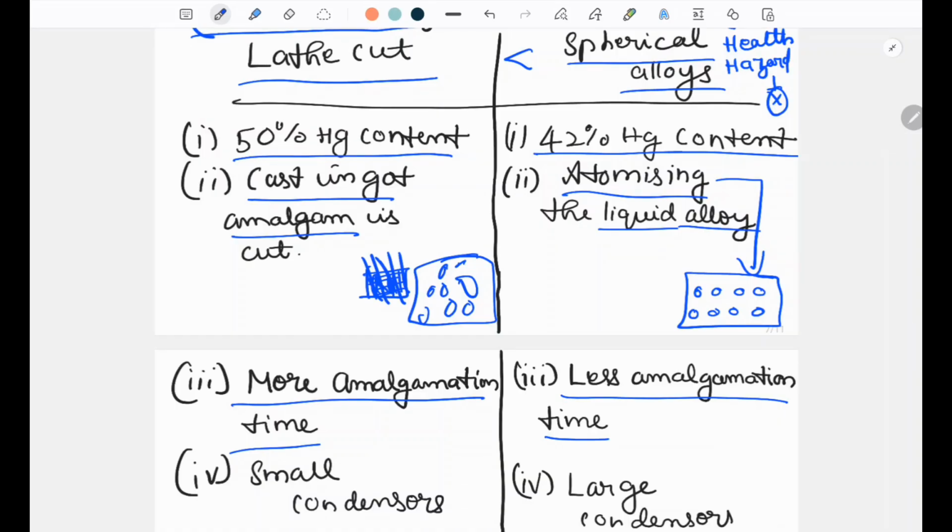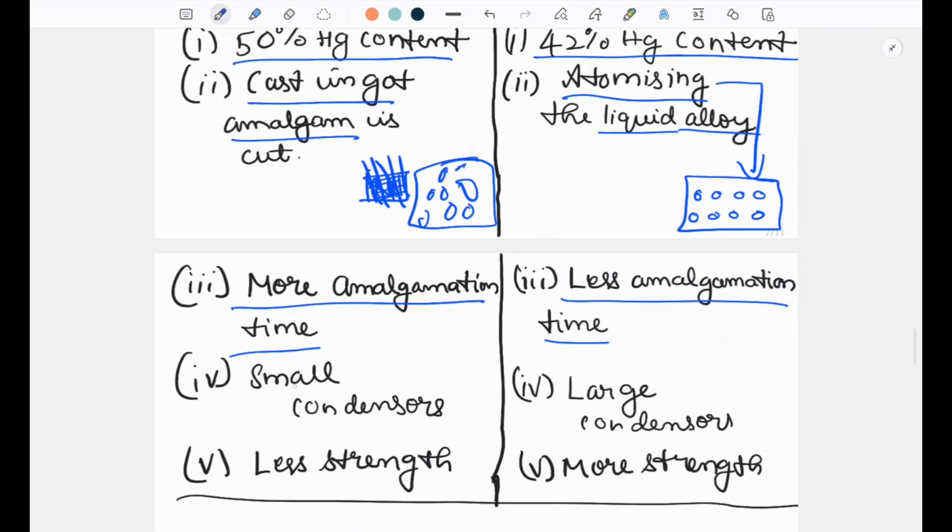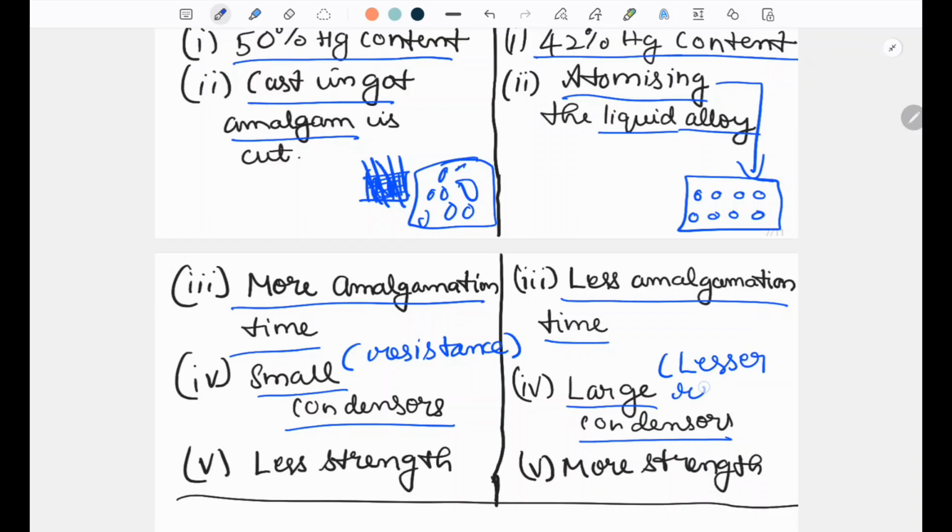In lathe cut alloys we use small condensers, whereas with spherical alloys we use large condensers, because lathe cut alloys have some resistance to the condensing forces, but spherical alloys have a little lesser resistance.